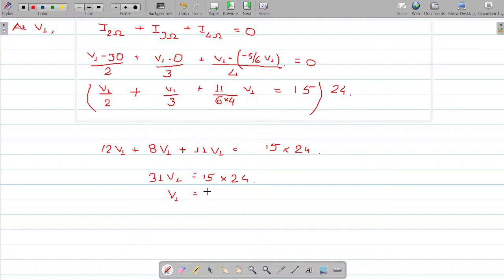Your V1 comes out to be 15 into 24 divided by 31 volts, right?